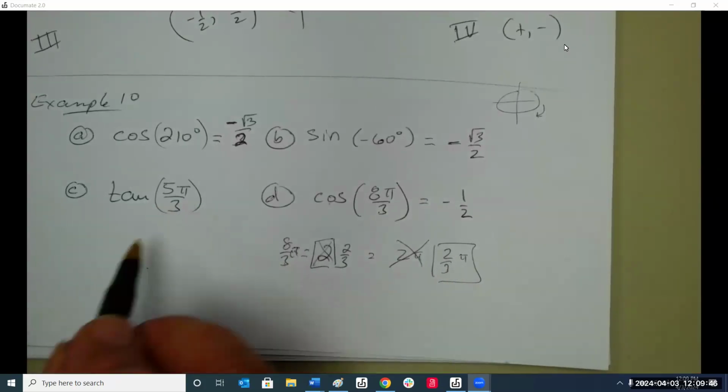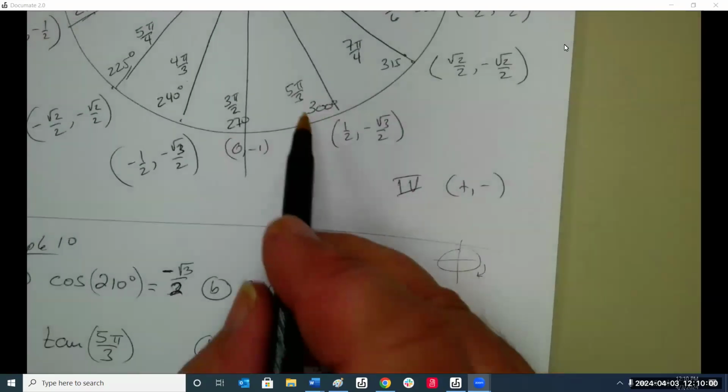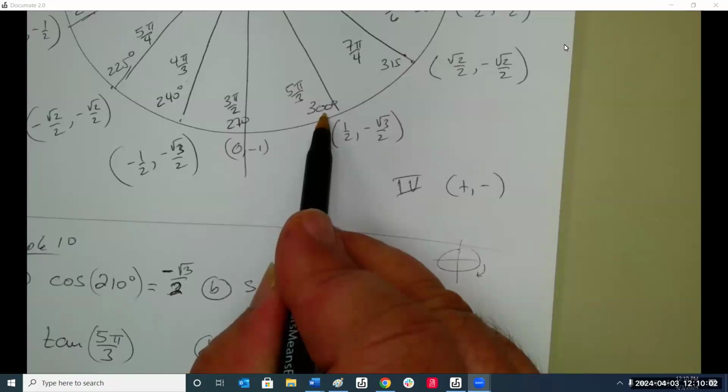How about tangent of 5 pi over 3? Where is 5 pi over 3? At what angle? Yeah, 5 pi over 3 is 300 degrees.